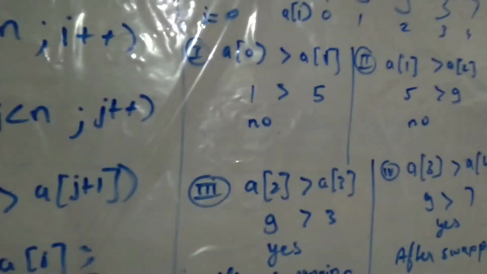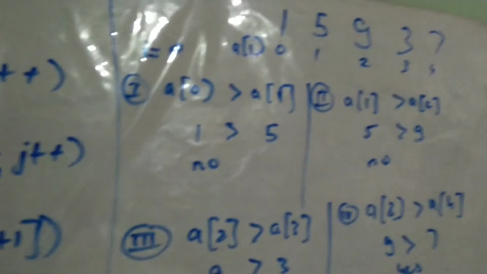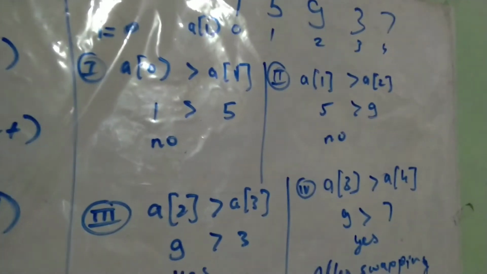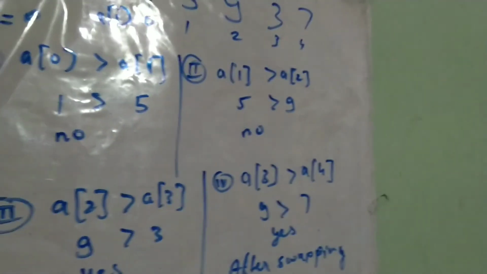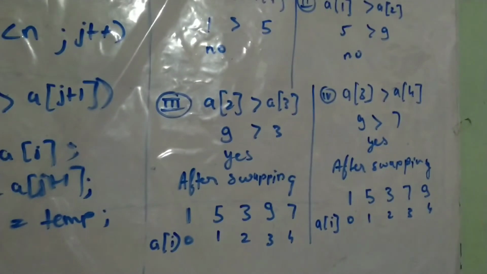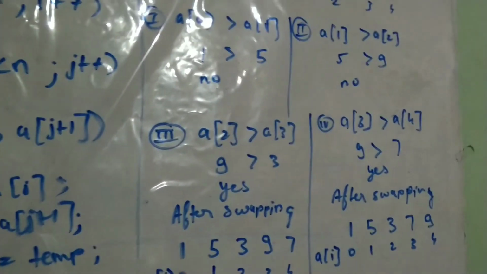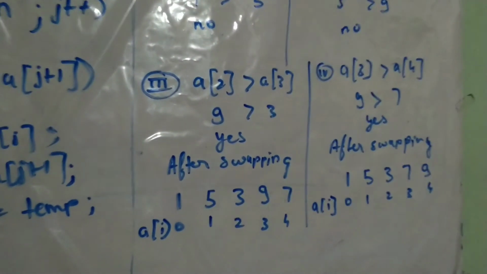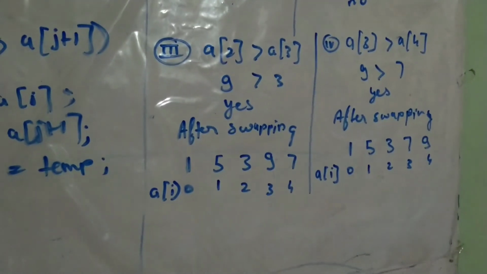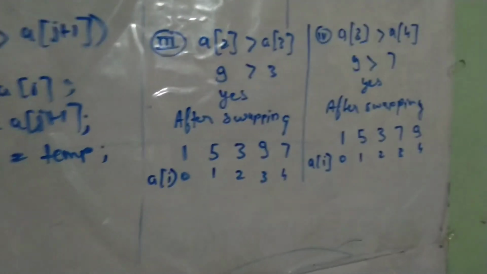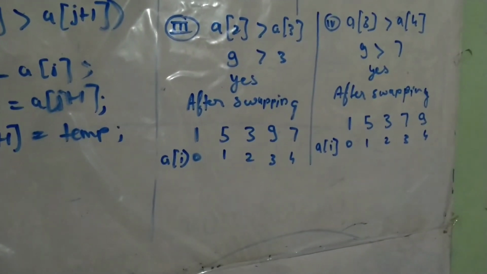So we have the comparison cases I made over here. In the first case it doesn't follow, in the second case it doesn't follow, so in the third case it is a of 2 greater than a of 3. Now a of 2 here is 9, so 9 is greater than 3, yes. So after swapping it becomes 1 5 3 9 7.